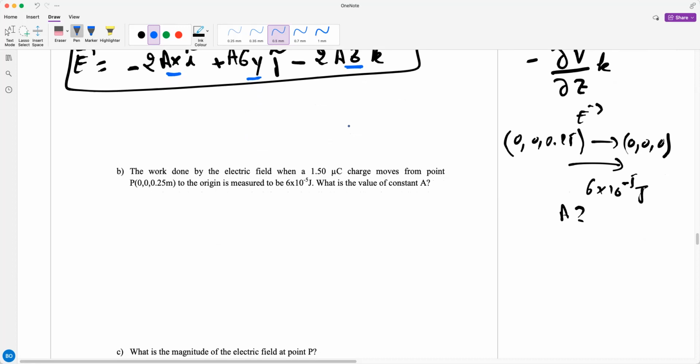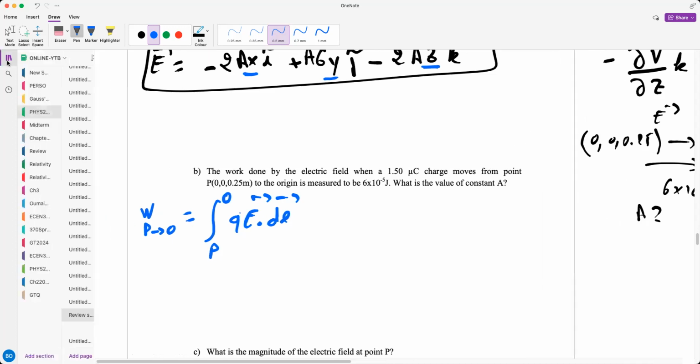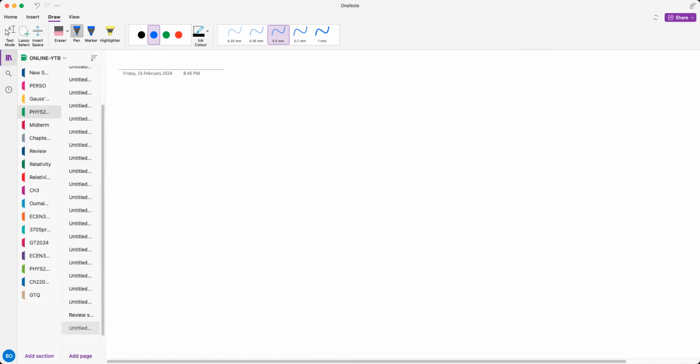So you have to apply the general formula of the work, which is the integral. So the work to go from point P to the origin is equal to the integral from P to the origin of the electric force, qE dl. I need more space, so that's why I want to have another page.